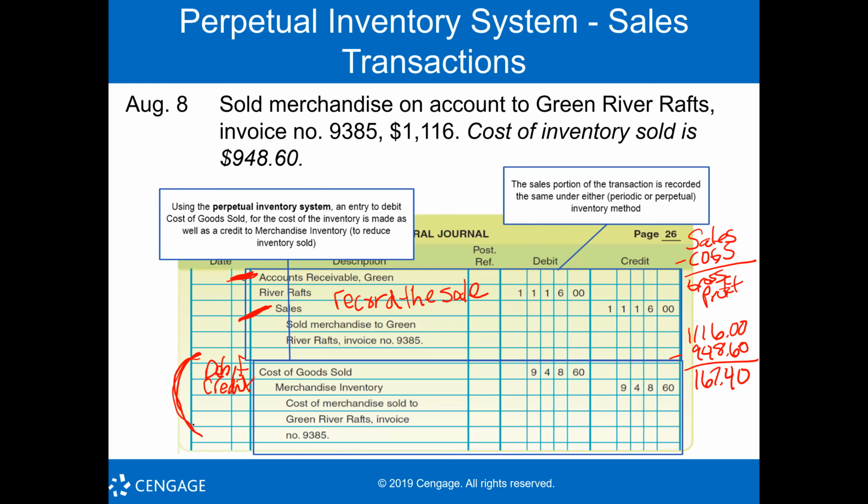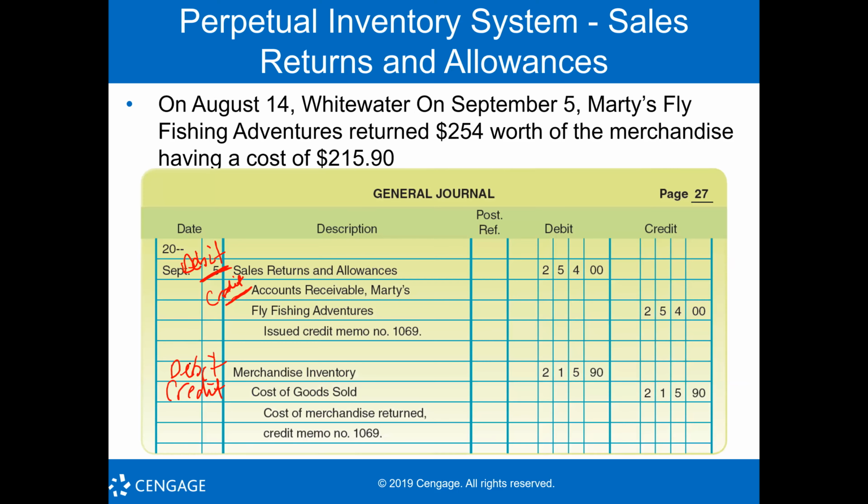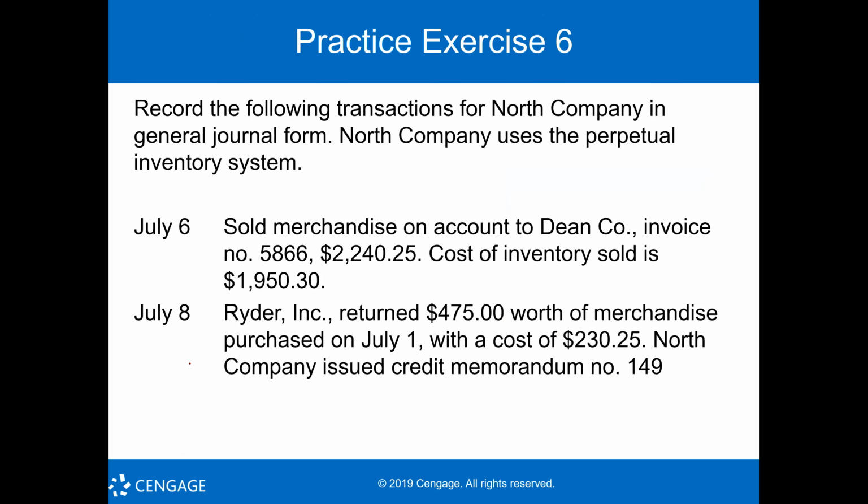When it's returned, it's just the opposite. We debit merchandise inventory, credit cost of goods sold. Anyway, we'll get some practice doing them together. It just takes doing several of them and getting comfortable with it. They're not too bad, I think.